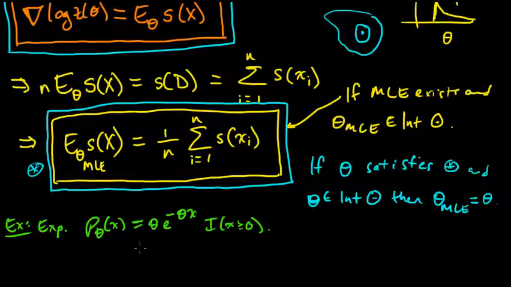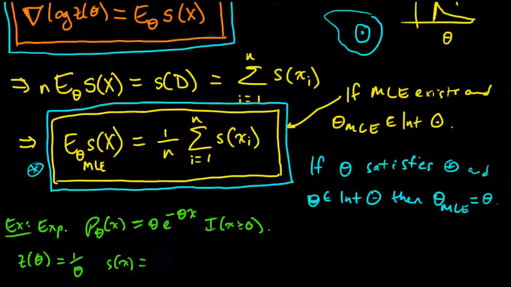And here z of theta was just 1 over theta. S of x was just, we took it to be minus x. And theta, it's natural, because it's in natural form: eta of theta is theta, and h is this thing.